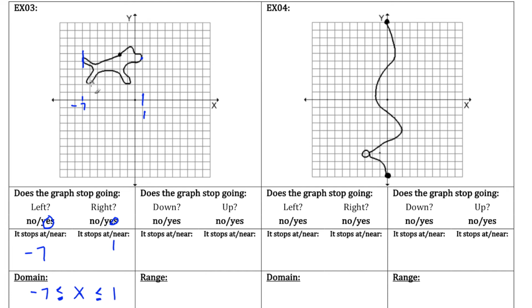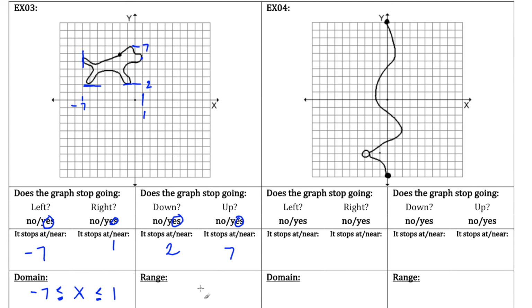Now, does the graph stop going downward? Yes, right here in 2 places. That's at +2 and +7. So from here to here are all the y's. So it stops going downward at 2 and going upward at 7.